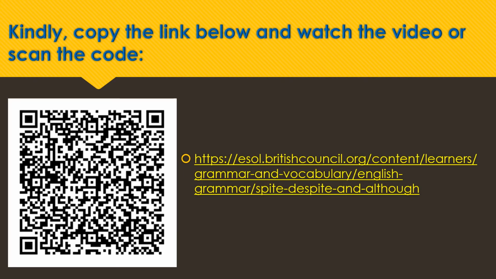Whenever we find org, it is an indication that this website is a non-profit website. After we watch the video, I think you will have at least some knowledge about despite and in spite of, as well as although.